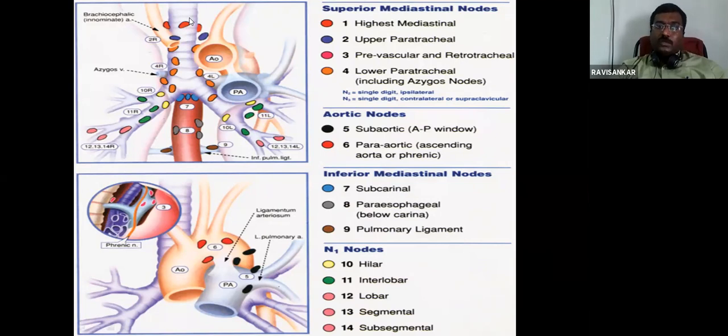Level 2 is divided as 2R or 2L, right side or left side, upper paratracheal. Here you can see upper paratracheal 2R, this is 2L. Station 3 is prevascular. Four is lower paratracheal.